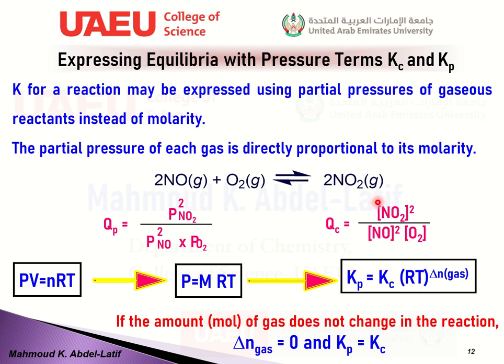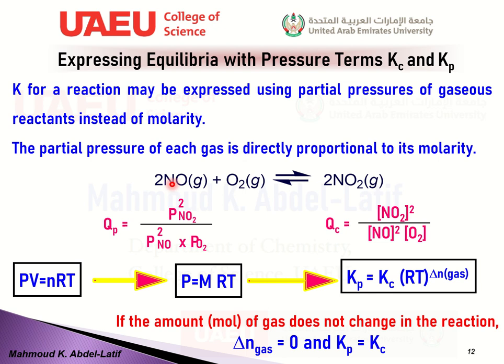This is a reversible reaction. At equilibrium, Kc equals the concentration of the product to the power of its number of moles divided by the concentration of the reactant to the power of its number of moles.